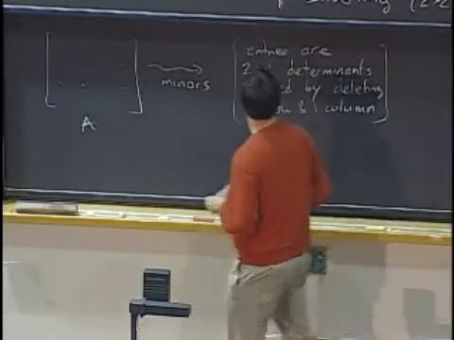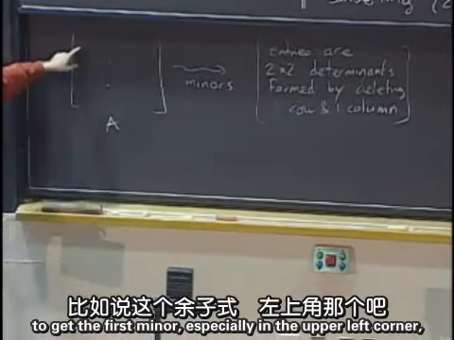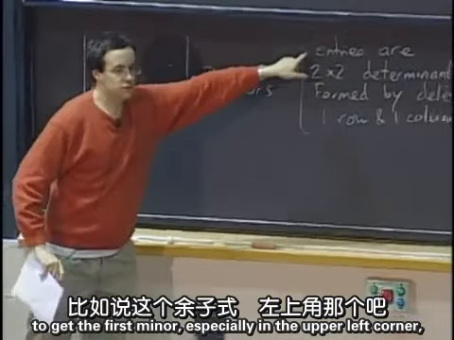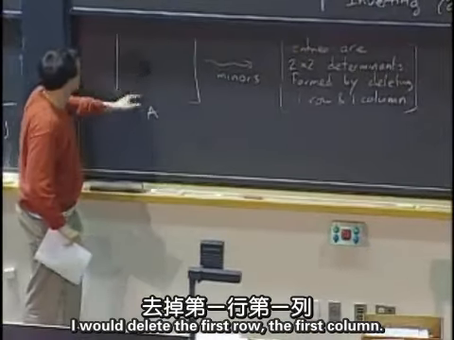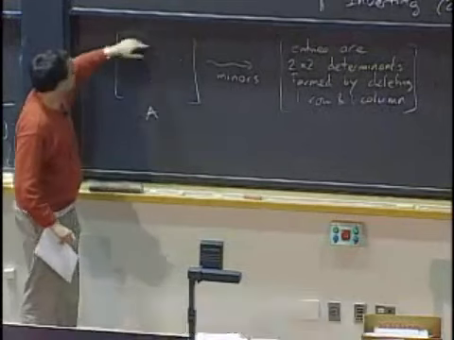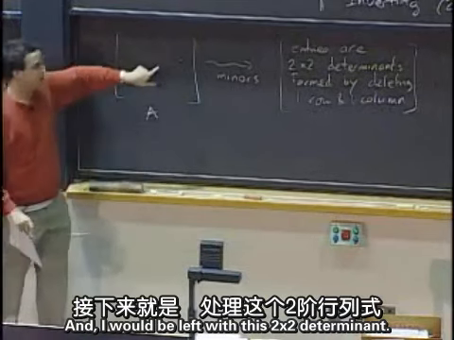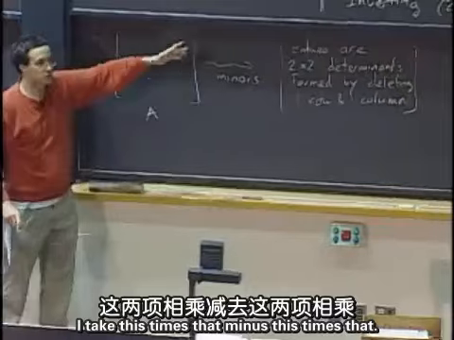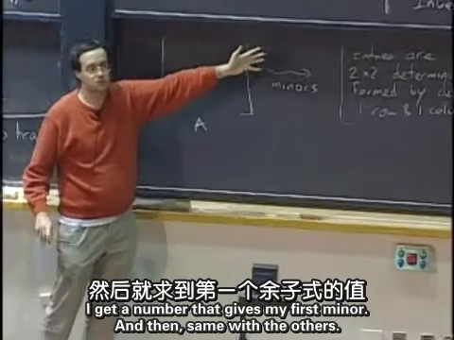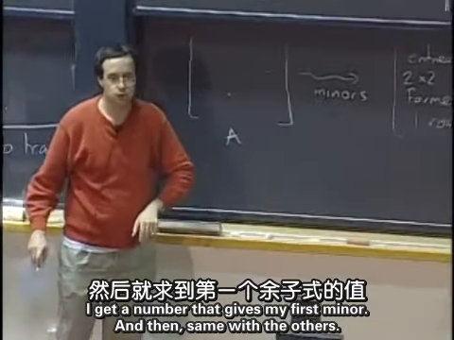Okay, so for example, to get the first minor associated, in the upper left corner, I would delete the first row, the first column, and I would be left with this 2 by 2 determinant. I take this times that minus this times that, I get a number, and that gives me my first minor. And then same with the others.